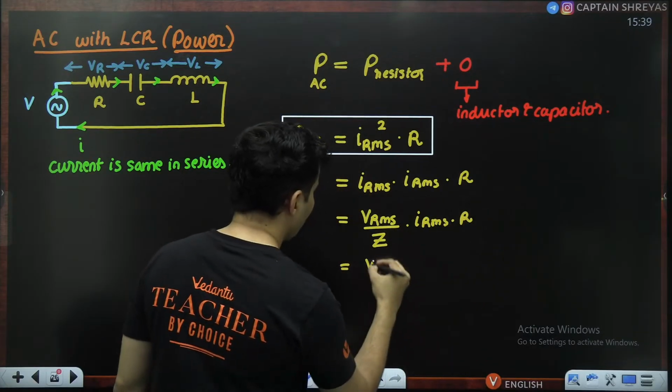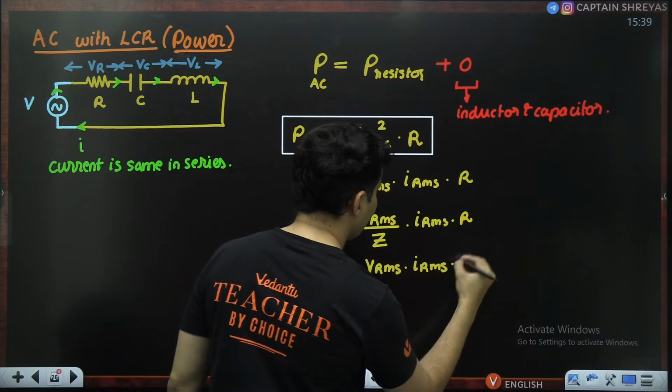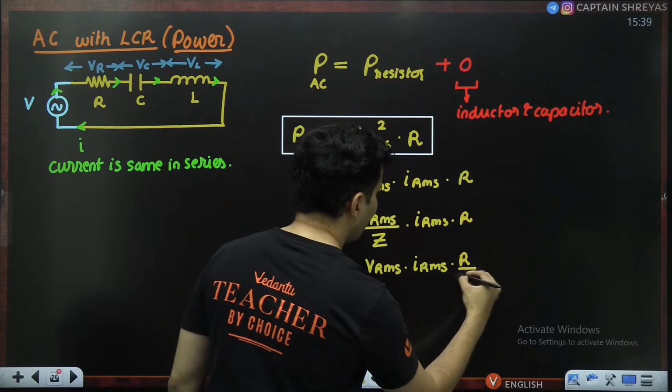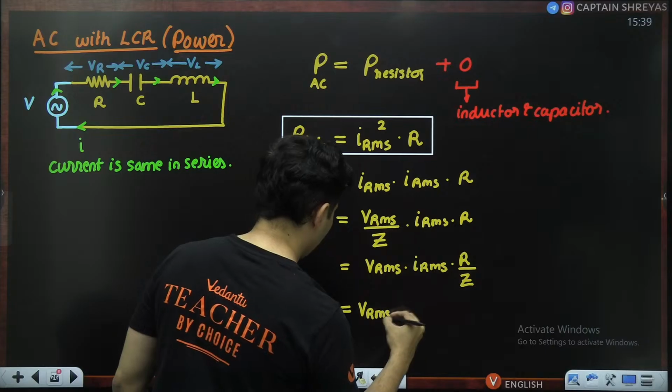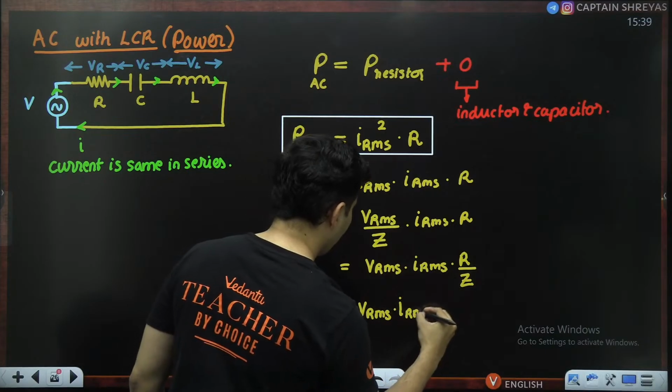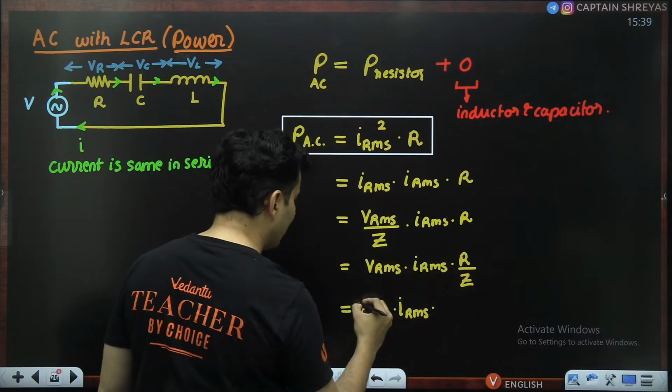Now what I will do, I'll write it as VRMS into IRMS into R by Z deliberately. So this will become VRMS into current RMS into what is this? Come on, think and tell me quickly.